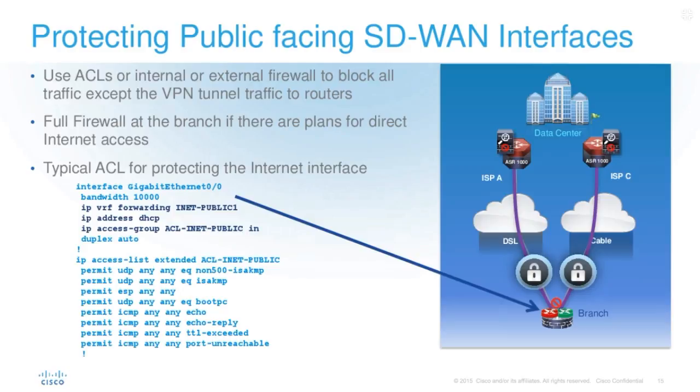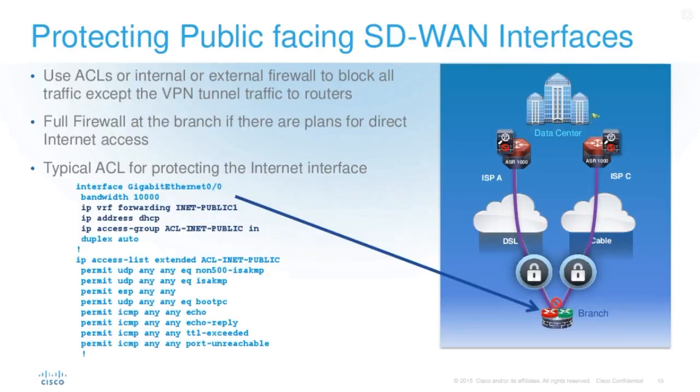And then maybe we want to let a couple of ICMP packets hit that interface, different mechanisms like echo reply, depending on what we want to allow from a troubleshooting standpoint. But only these things would be allowed to hit that interface, and only those protocols would be allowed to move through it. We don't necessarily need a full firewall here in this particular example.